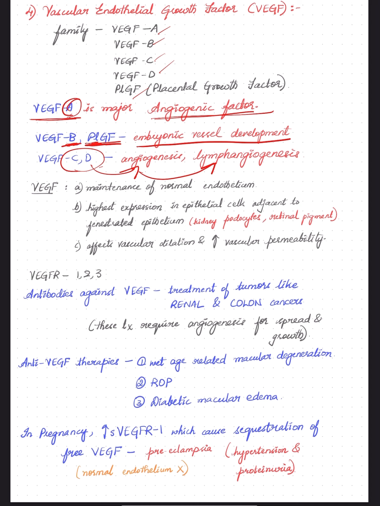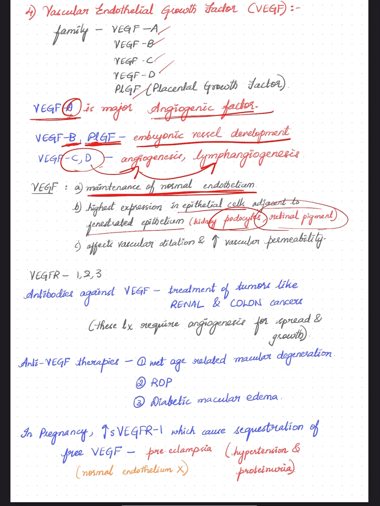VEGF is required for maintenance of normal endothelium. If VEGF is not present, the normal endothelium is lost. It can create a ruckus by increasing vascular permeability. VEGF is highly expressed in epithelial cells adjacent to fenestrated endothelium, for example in kidney podocytes and retinal pigment epithelium.